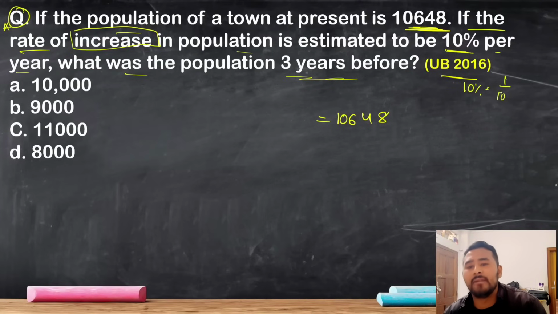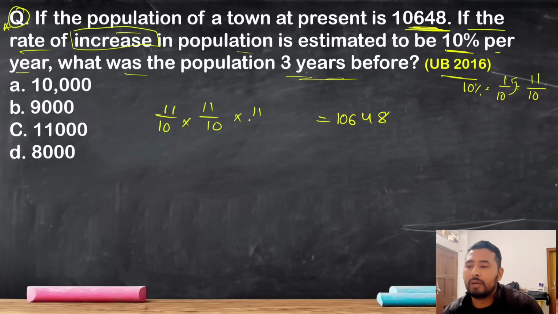It is 1 by 10. It is increasing, so 10 will remain and this will be added, 11 by 10. So the increased value: before it was 10, now it is increased to 11. How many times? 3 years before, so 3 times. We'll do 11 by 10 into 11 by 10 into 11 by 10 into X. 3 years before the population was X.